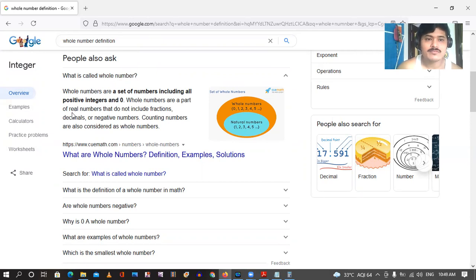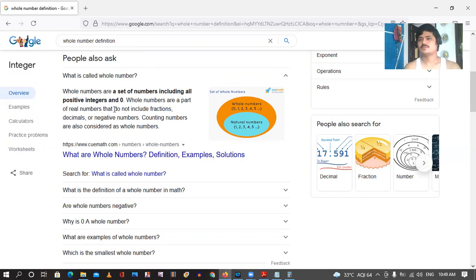Whole numbers are part of the real numbers that do not include fractions, decimals, or negative numbers. So basically from zero till infinity, any number, but it should not be a fraction or decimal or anything like that. It should be a whole number like 4, 5, 6, 7, 8, 9, 10, and so on. It should not be 4 by 5 or 10 by 3.